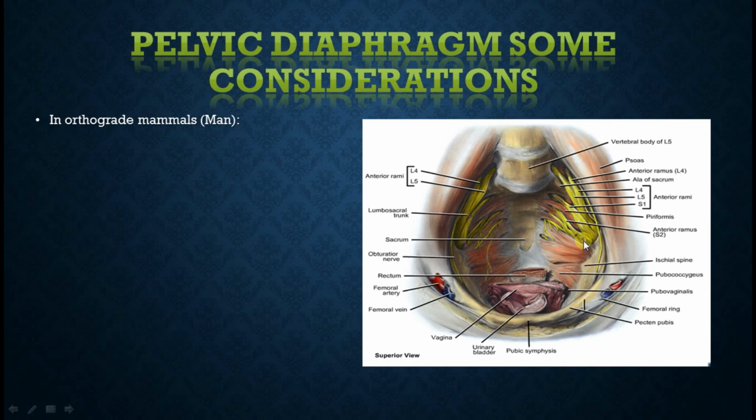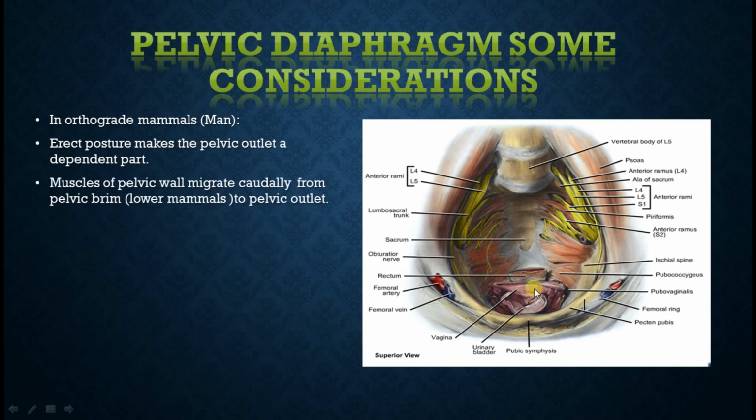So in man, erect posture makes the pelvic outlet a dependent part. So for any fluid collections or any weight borne, naturally the ultimate pressure is borne by the pelvic outlet. So we need a strong pelvic diaphragm. The muscles of the pelvic wall, which were from the lateral part of the wall of the pelvis, have migrated.